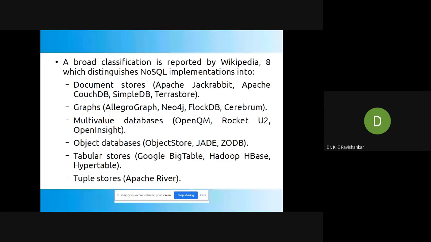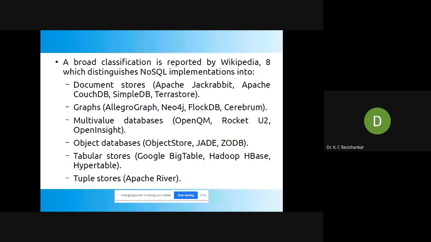These are the document stores where a lot of data is being saved. Graphs: there are some companies where graph data is being saved. Multi-value databases: OpenQM, Rocket U2, OpenInsight. Object databases: ObjectStore, Jade, ZODB. Tabular stores: Google Bigtable, Hadoop, HBase, Hypertable.